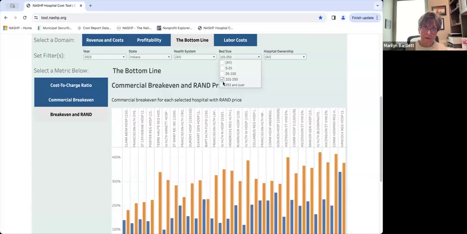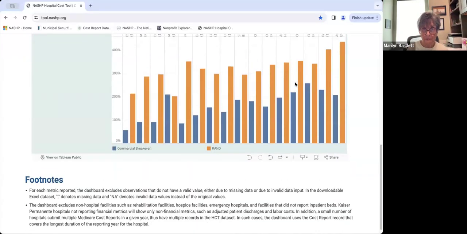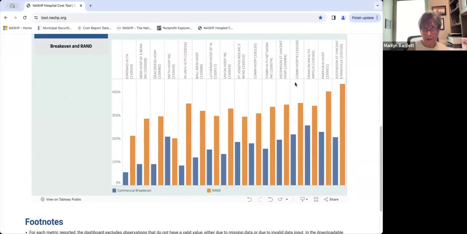You can change this, and let's look at the 251 and over. And this is going to give you these particular items. Now, this is interesting because Eskenazi comes in a little bit lower here.